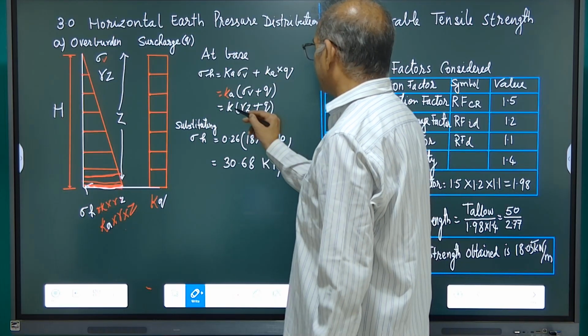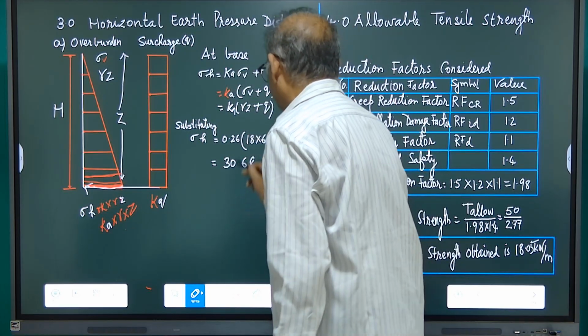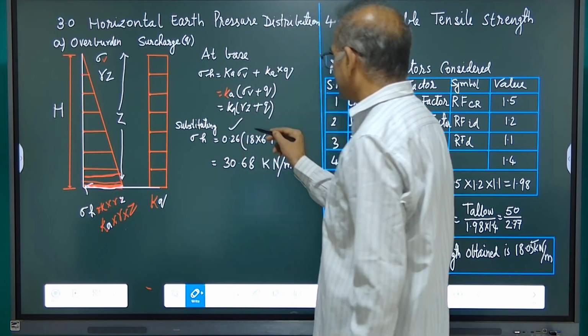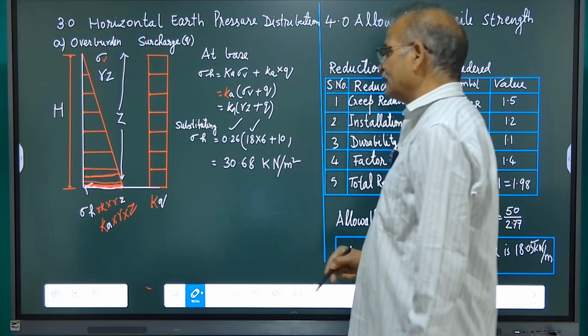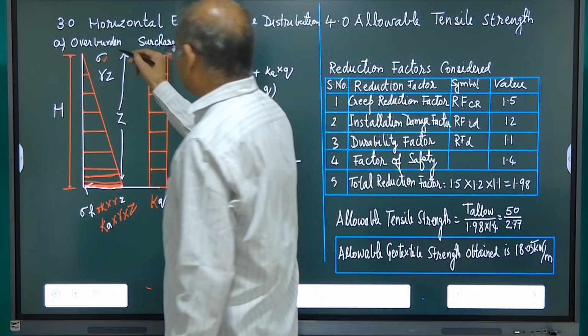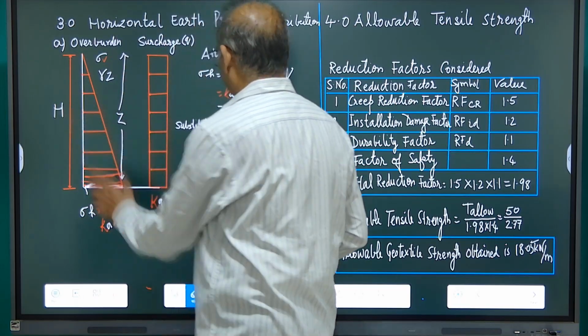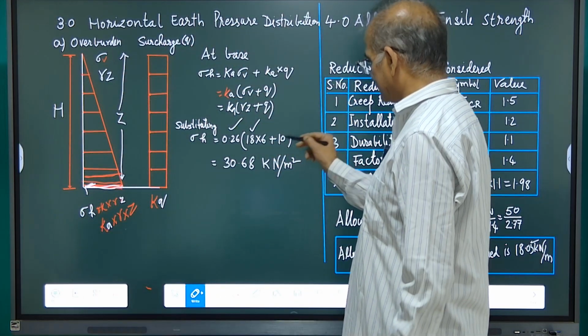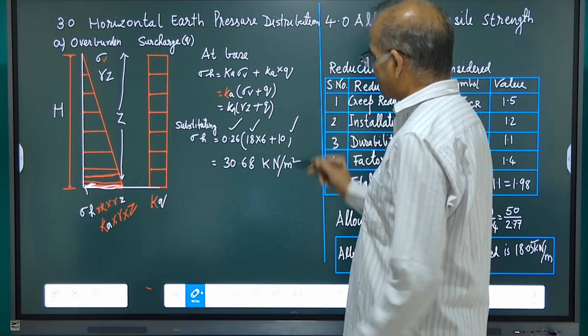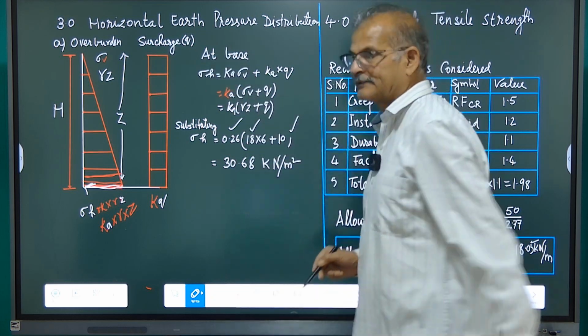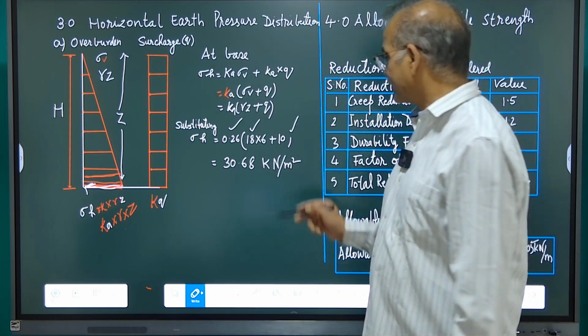Now we know the value of K is 0.26, unit weight of soil is 18, and the depth is, well, at the base z is equal to H, 18 into 6 plus q, the surcharge weight, that is 10 kilonewton per meter square.